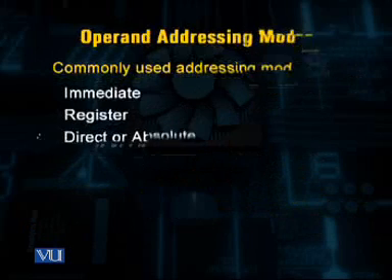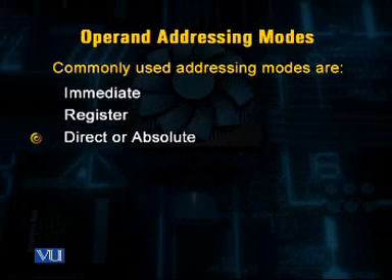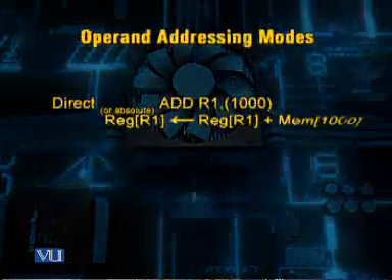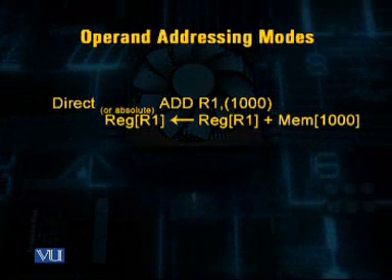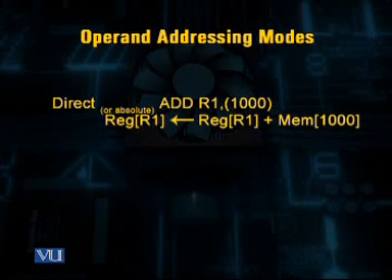The next type of addressing mode is known as the absolute addressing mode. The absolute addressing mode is one where the location of one of the operands in the memory is specified by an absolute address value. For example, as you can see over here, it is written that ADD R1, 1000 within round brackets.